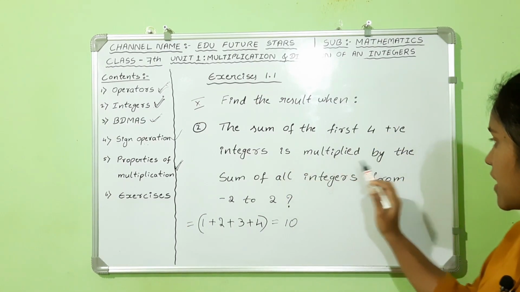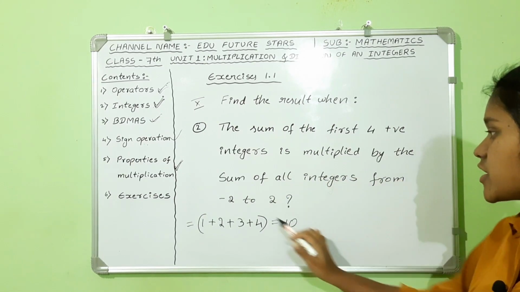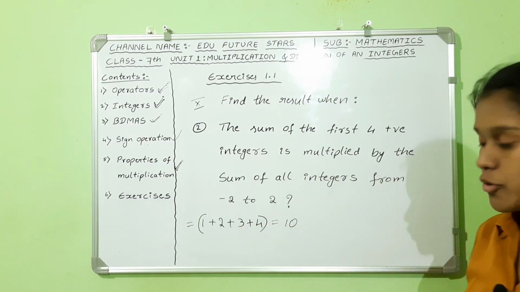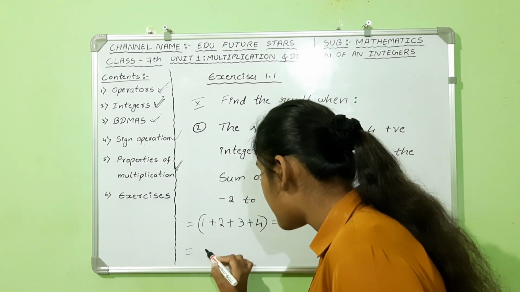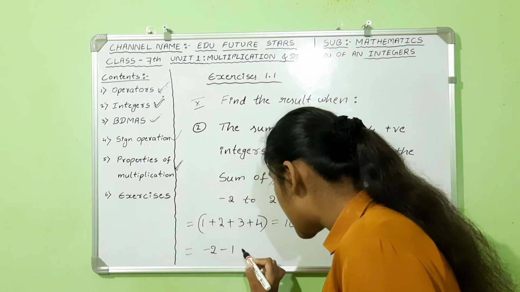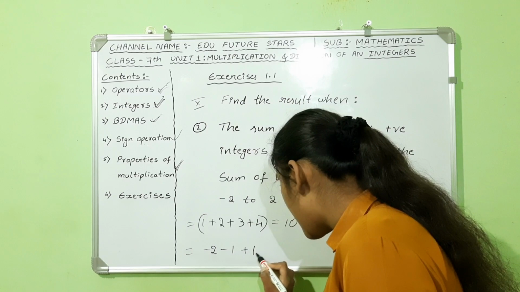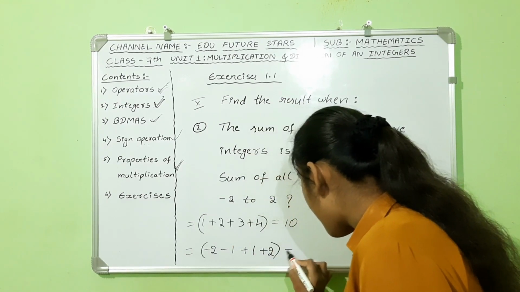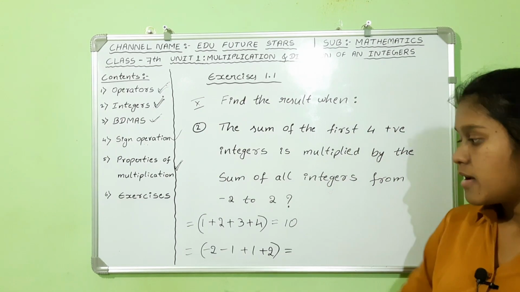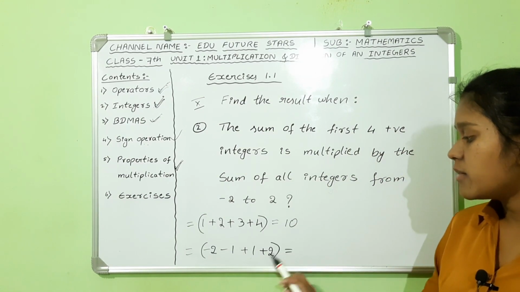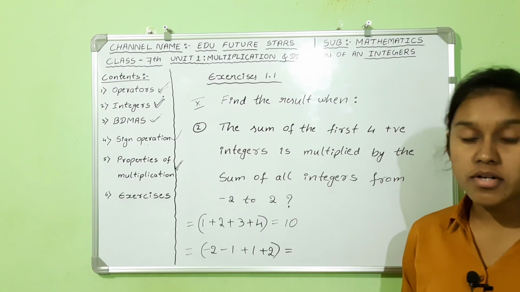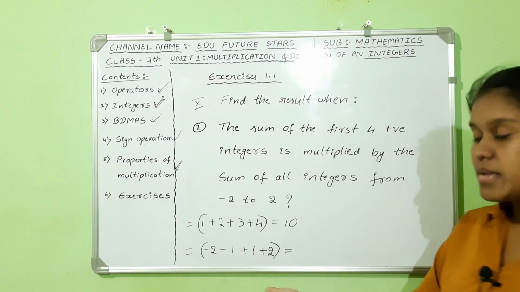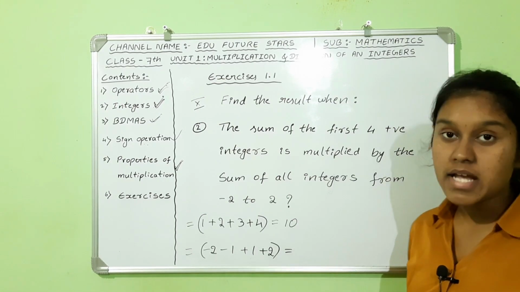Next, it is multiplied by the sum of all the integers from -2 to +2. So let's take that as well. -2 minus 1 plus 1 plus 2. 0 is anyway not calculated, it will be the same answer, so that's why I didn't take that.